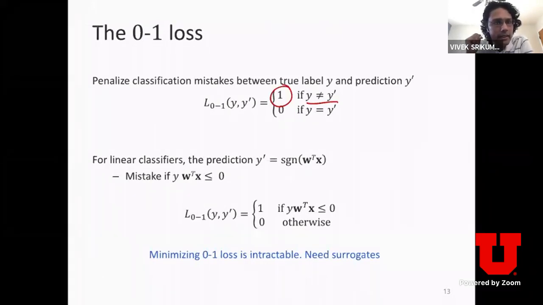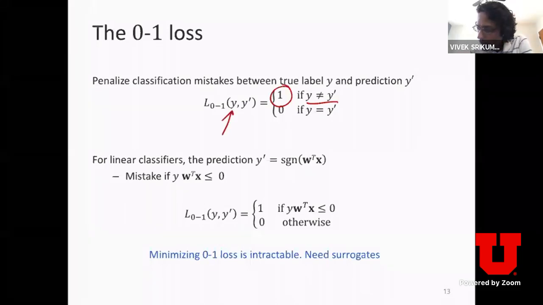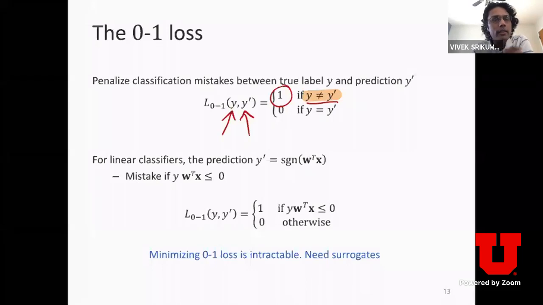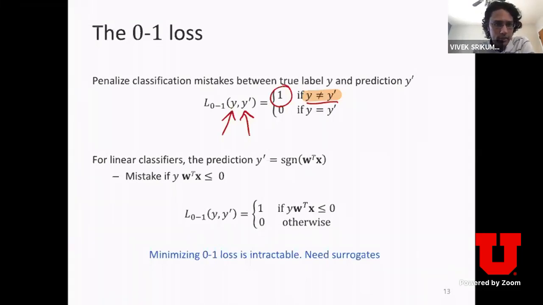Think of it as the number of points that get taken away for a certain y and y prime. It doesn't really matter which is the prediction and which is the ground truth, because it's symmetric. If there's a mistake, 1 point gets taken away. If there's no mistake, no points get taken away. And if you add the points taken away over the entire data set, you get the number of mistakes.